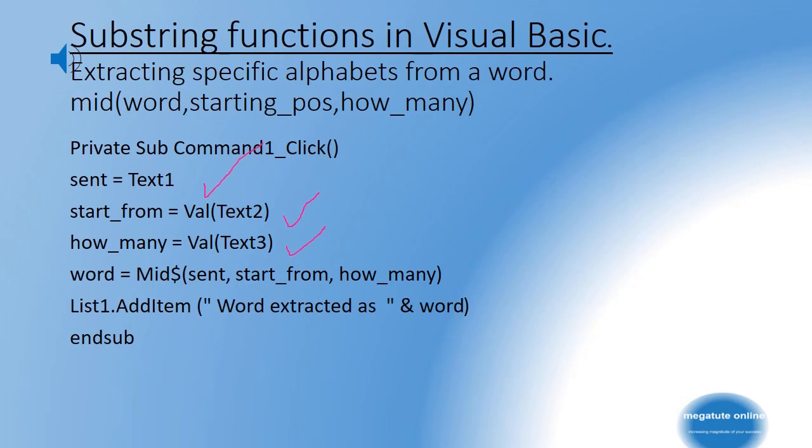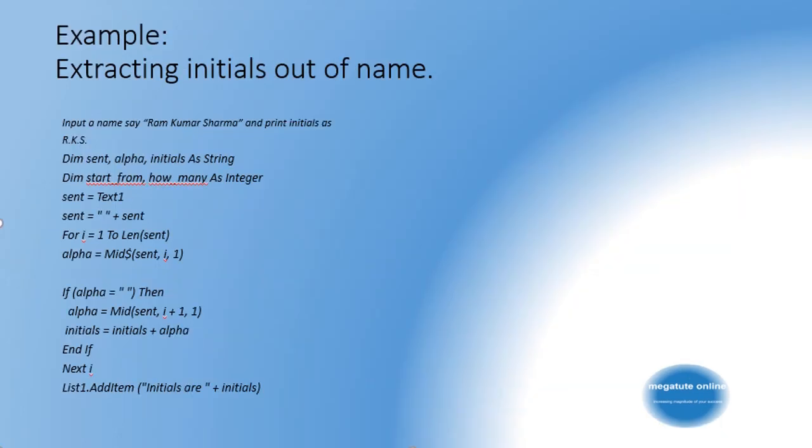So 3 values you are taking, and you are simply putting those values into the parameters of the function, and finally you are printing out the word extracted. So this is the use of the mid function in a detailed way, where all 3 parameters are given by the user.